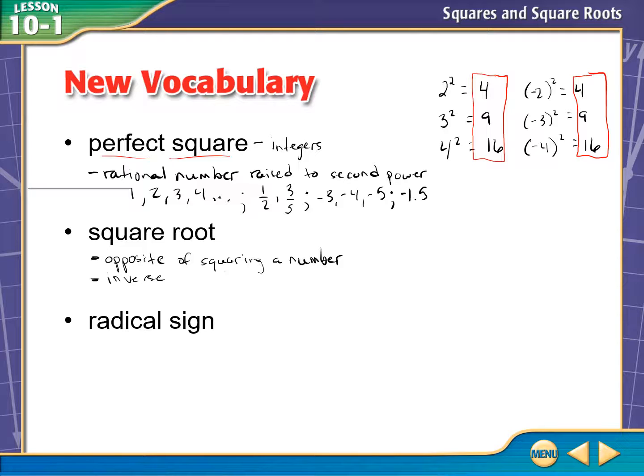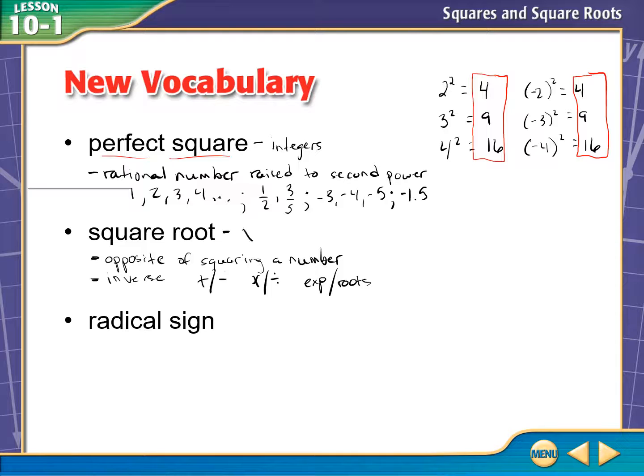Square root is the inverse. Addition and subtraction are inverses. Multiplication and division are inverses. Well, exponents have inverses also, and those are roots. We're looking specifically at square roots today, so that's the inverse of squaring a number.